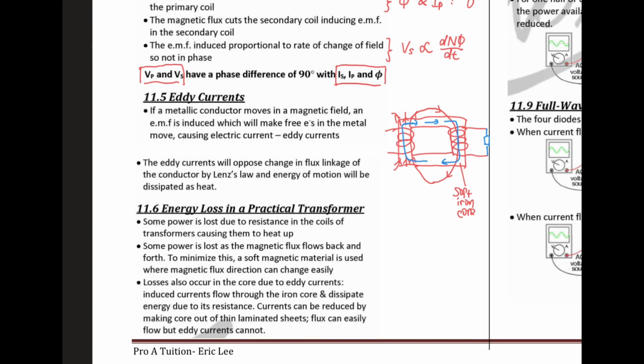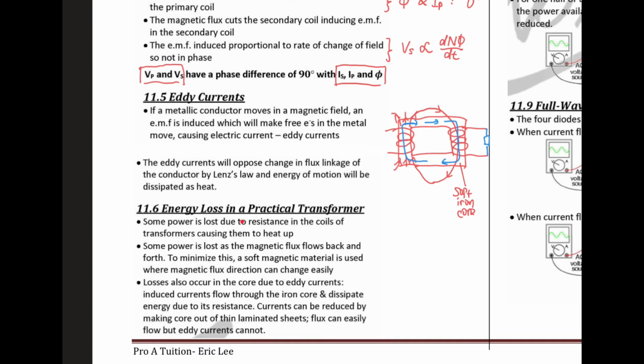So these are the bad parts of eddy current. Now let's look at 11.6, energy loss in a practical transformer. Like what we discussed, there is energy loss because of eddy current. But it is not just eddy current that contributes to energy loss. We have other factors also.